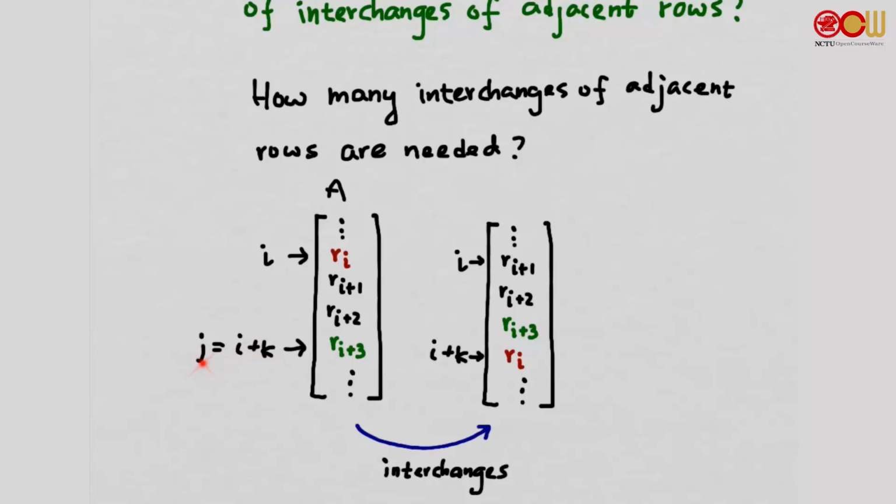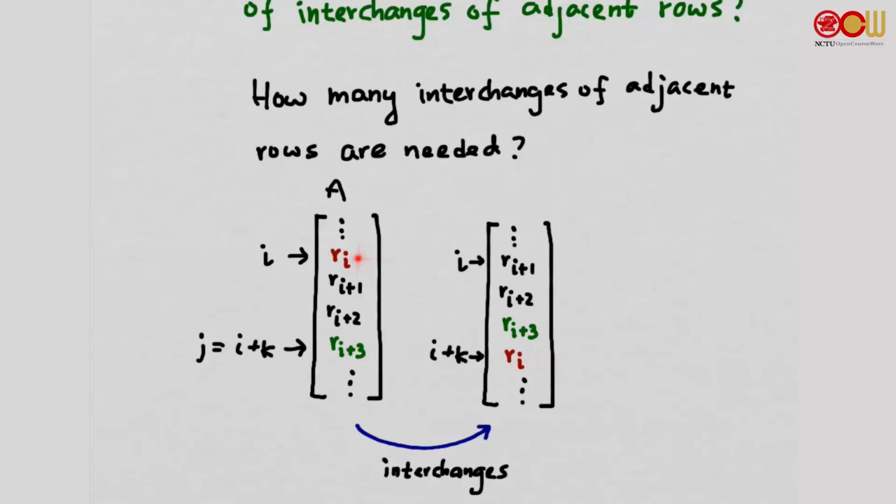And let's say j = i+k, so their difference is k. And now, to interchange the red one and the green one, we can, for example, bring down the red one to the jth row first.